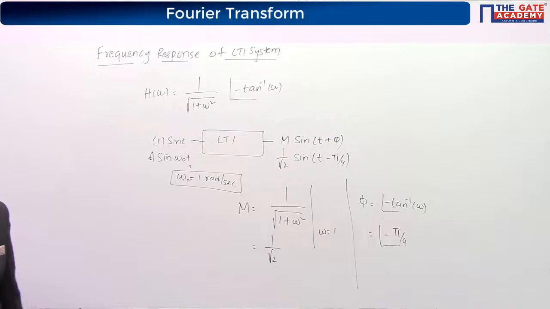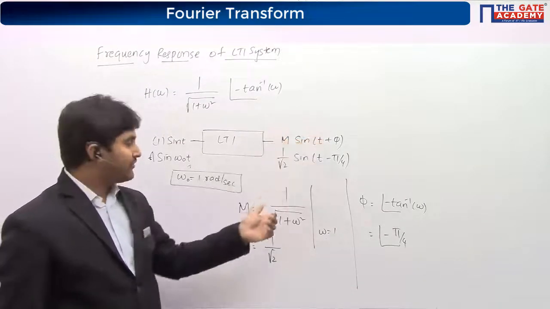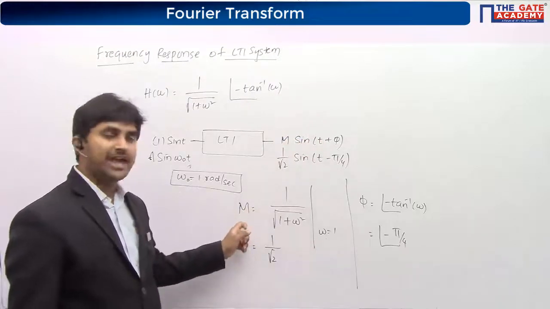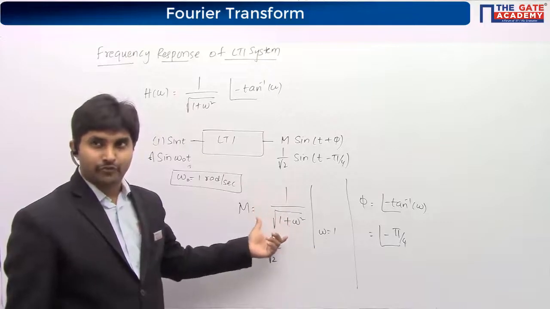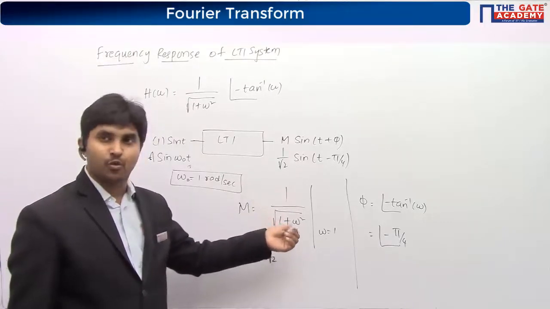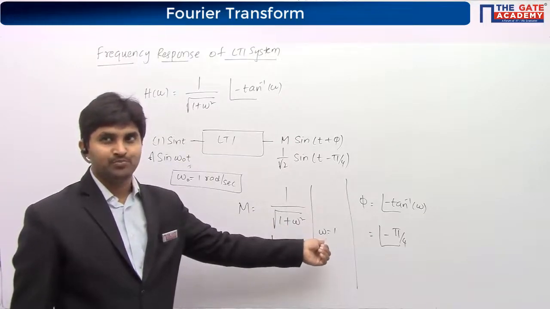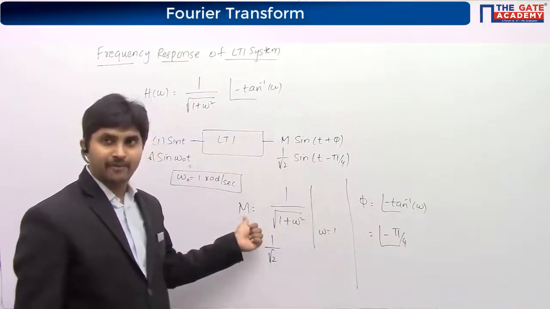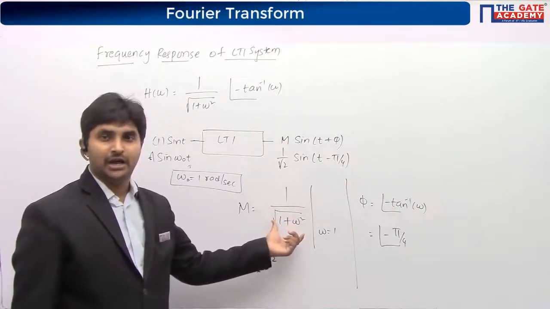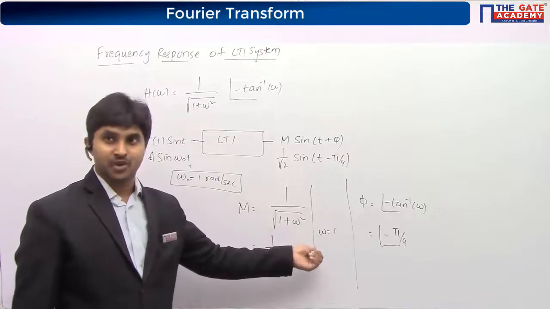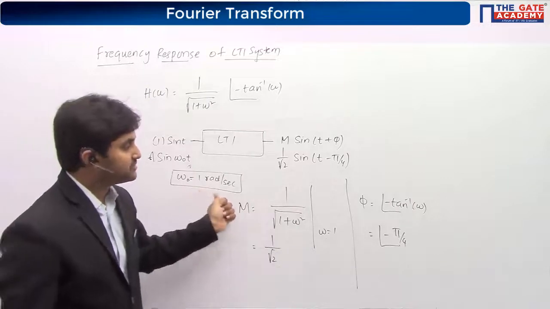See how omega is equal to 1. If you remember, in the previous case, whenever we have written M, M is nothing but the magnitude of H of omega at omega equal to omega naught. What is omega naught? Omega naught is 1, so we are substituting 1 here.